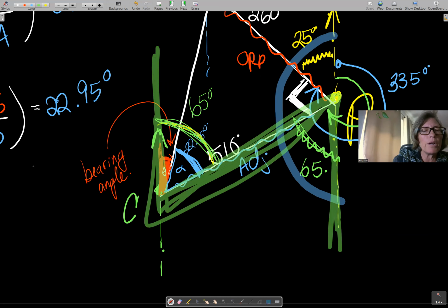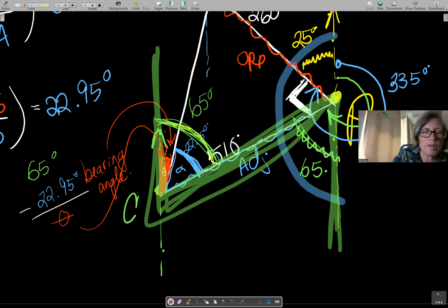So to get that bearing angle, which is the red one, that's going to be 65 degrees minus the 22.95 degrees, or if you want to round that, I'm not sure where your teacher wants to round it. And that is going to get your bearing angle theta, which is right there.